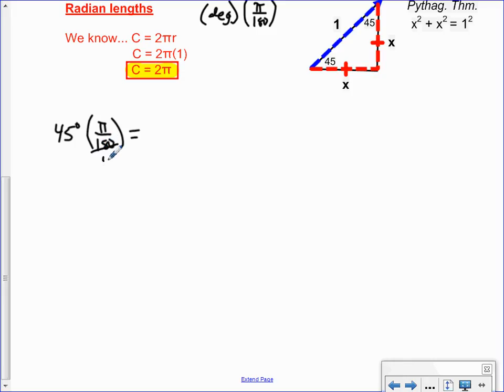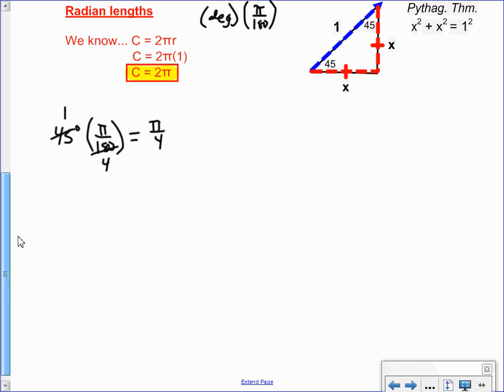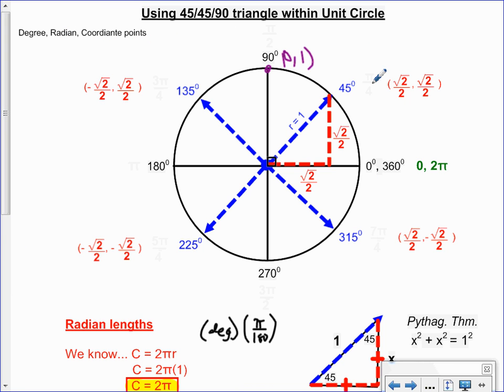So that cancels out, this becomes a 1. So it's just pi over 4. Make sense? So the radians at 45 will be pi over 4.